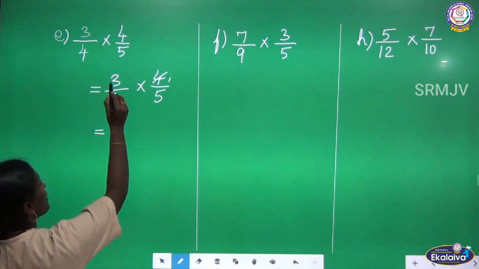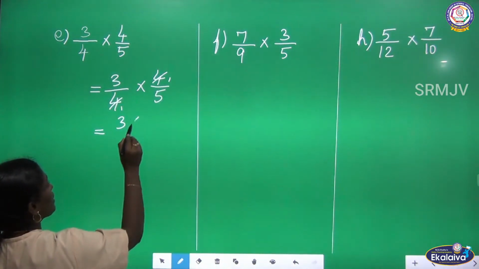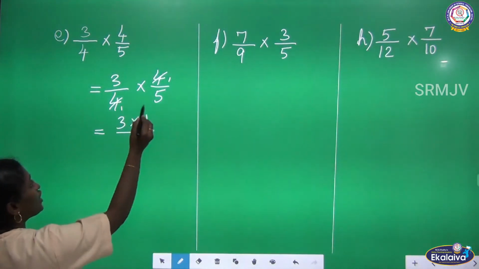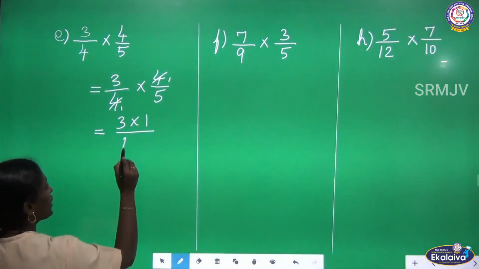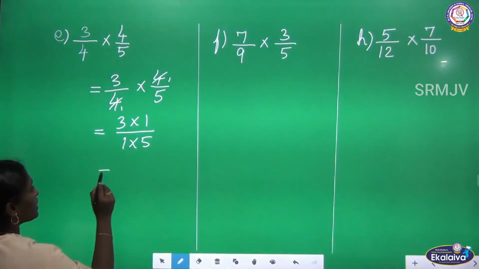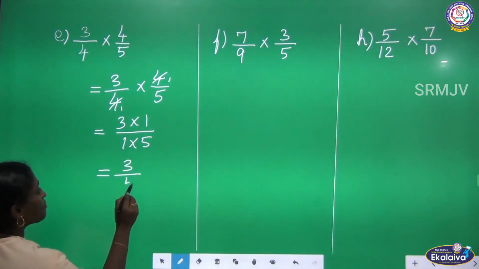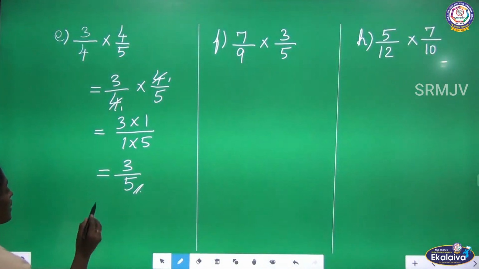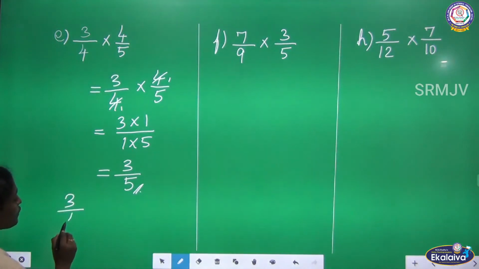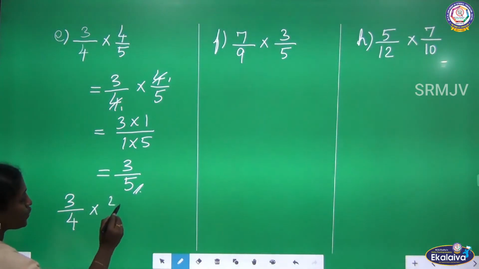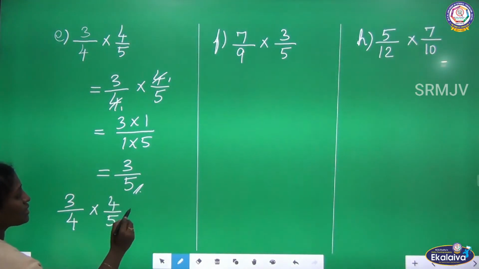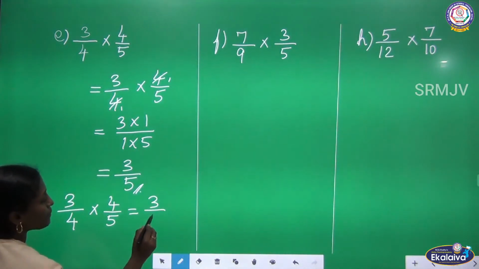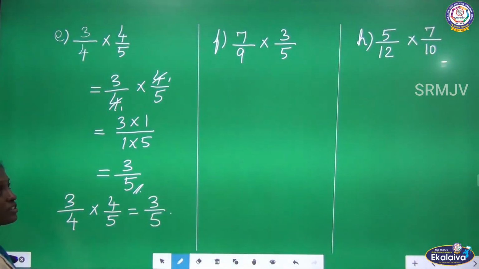So we have to multiply the numerator numbers 3 into 1 and the denominator numbers 1 into 5. Then we will get 3 by 5. So 3 by 5 is the answer. 3 by 4 into 4 by 5 is equal to 3 by 5. Is it clear, children?